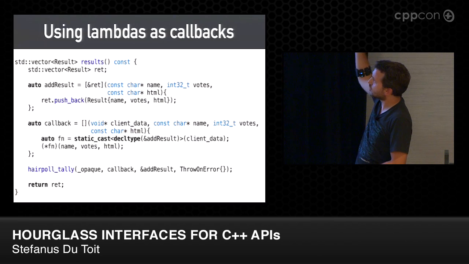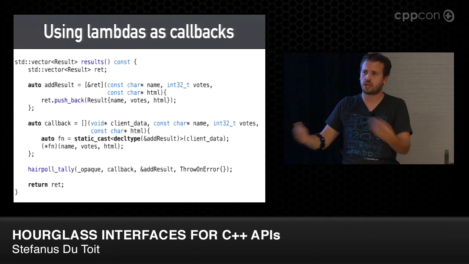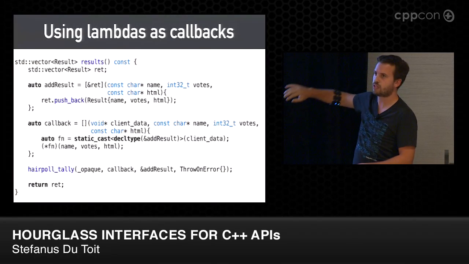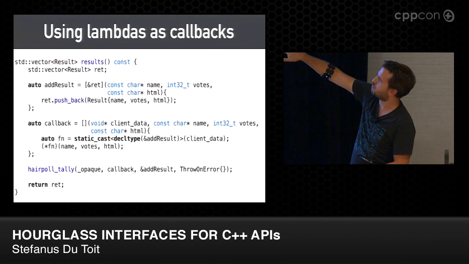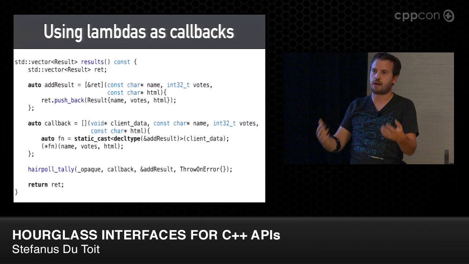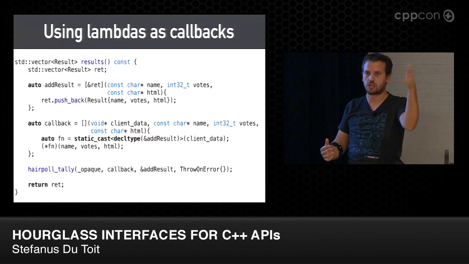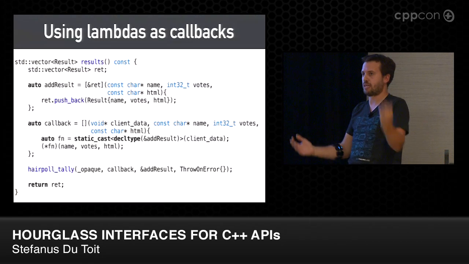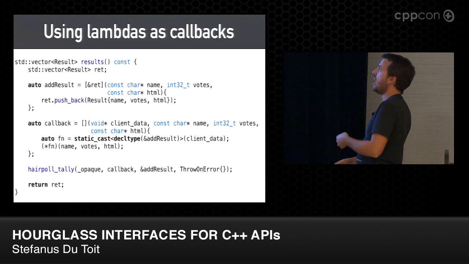So if tally took a lambda, you would probably write exactly the top third and bottom third of this, more or less. You just make your lambda. It needs to capture the variable it's going to change, the vector where it's going to push stuff in. It needs to capture that by reference, because we need to actually mutate it.